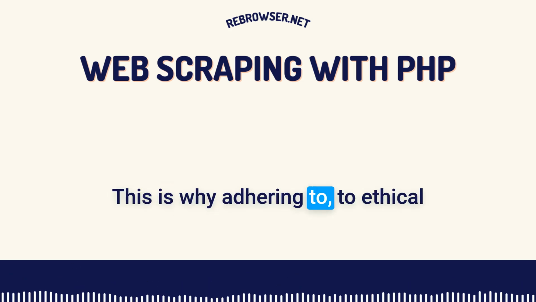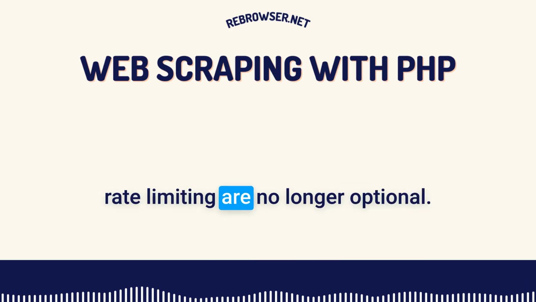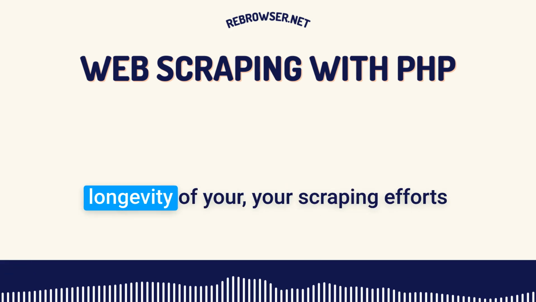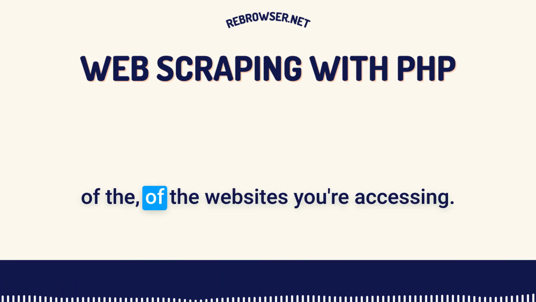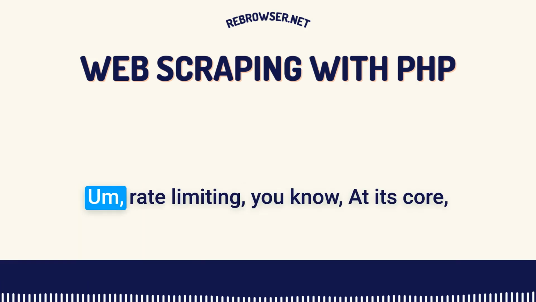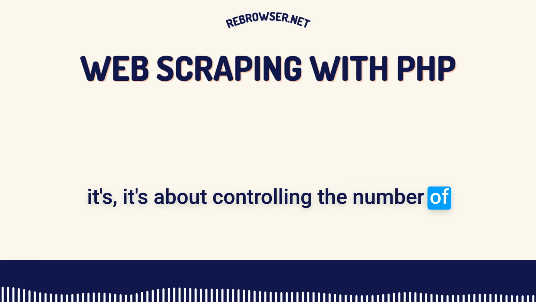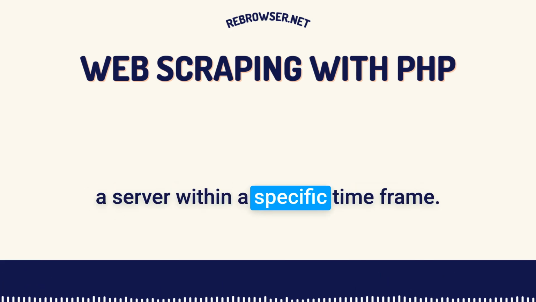This is why adhering to ethical scraping principles and implementing rate limiting are no longer optional. They're essential for ensuring the longevity of your scraping efforts and respecting the resources of the websites you're accessing. Rate limiting, at its core, is about controlling the number of requests your scraper makes to a server within a specific time frame.